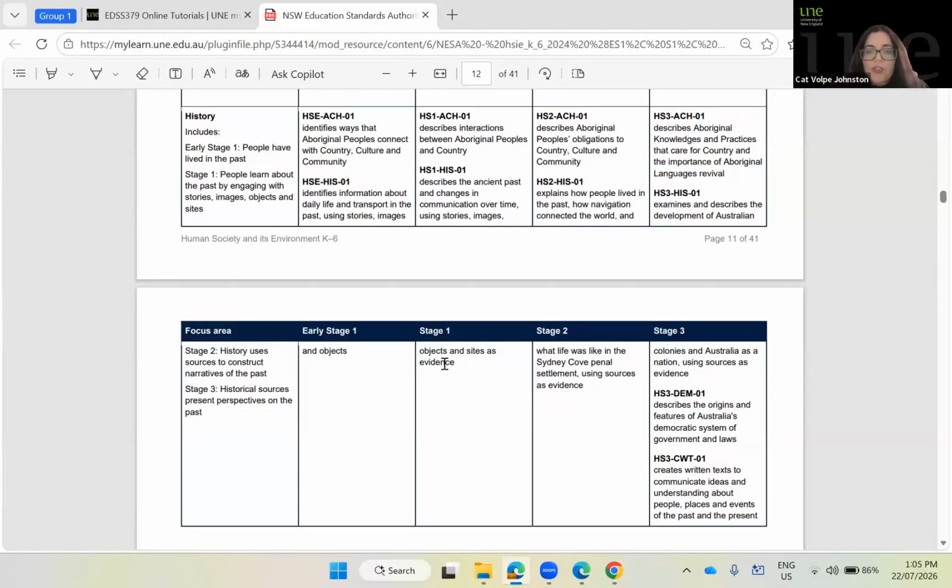Students are going to be using different things. They've mentioned here stories, images, objects, and sites as evidence. In order to be able to use something as evidence in history, you need to be able to research, which we know is a historical skill. We also know that analysis and use of sources is very important, so that's going to be a part of that.